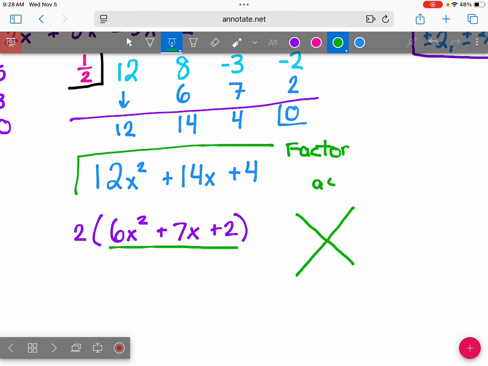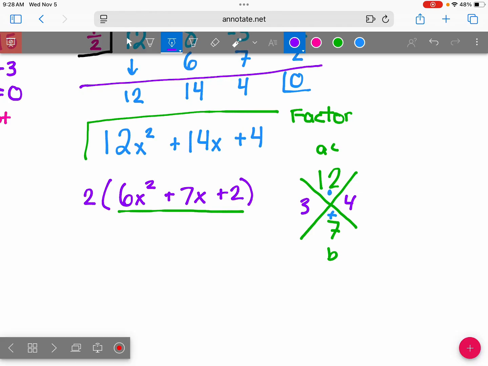That's when we're going to do our a times c at the top, b at the bottom. 6 times 2 gives us a 12. B is a 7. We need a pair of numbers that multiplies to make 12 and adds to make 7. 3 and 4. Be careful with our factoring: our roots are not 3 and 4.